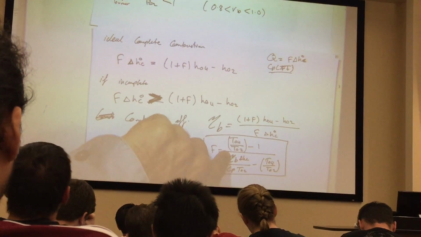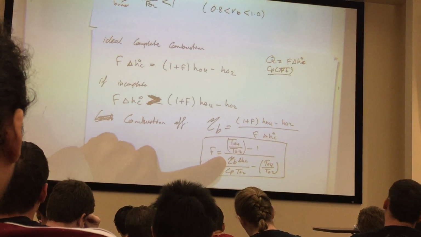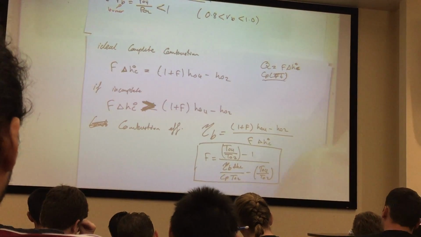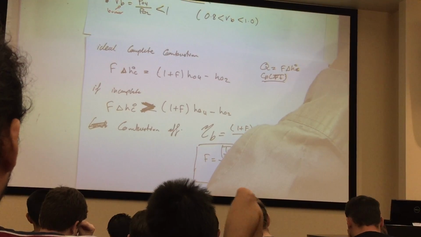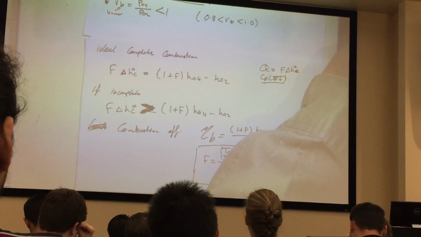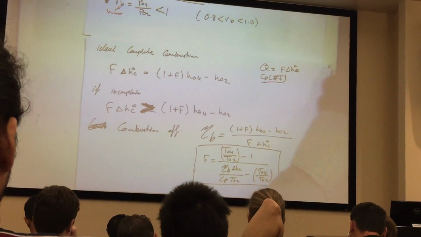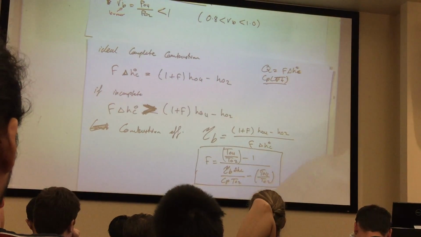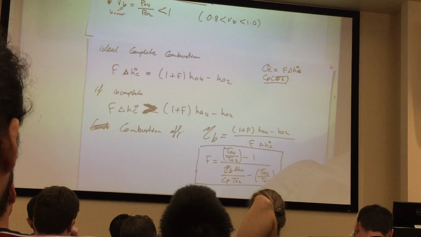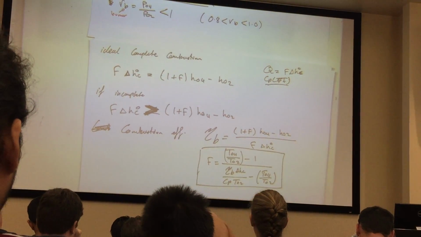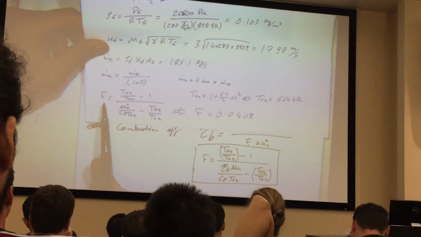The difference is we assumed that efficiency was 1 before. But if you look at right here, so this is the example problem that we've done last time. This is the fuel air ratio.